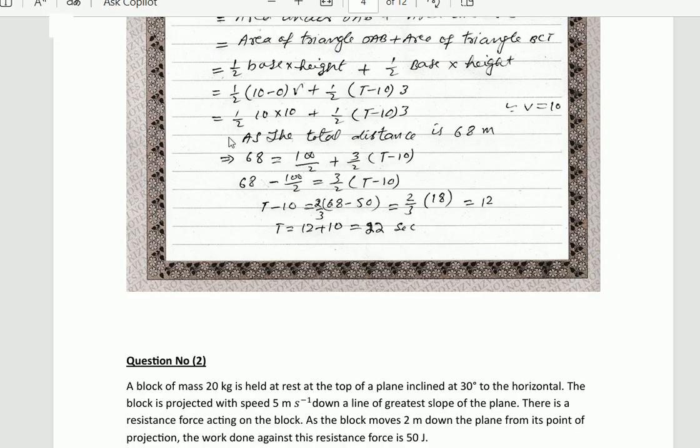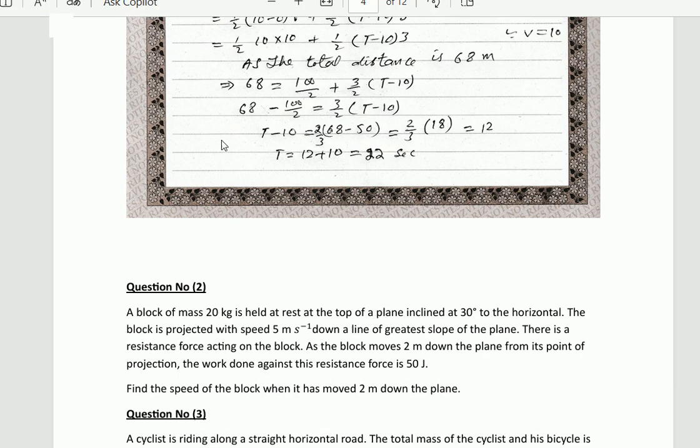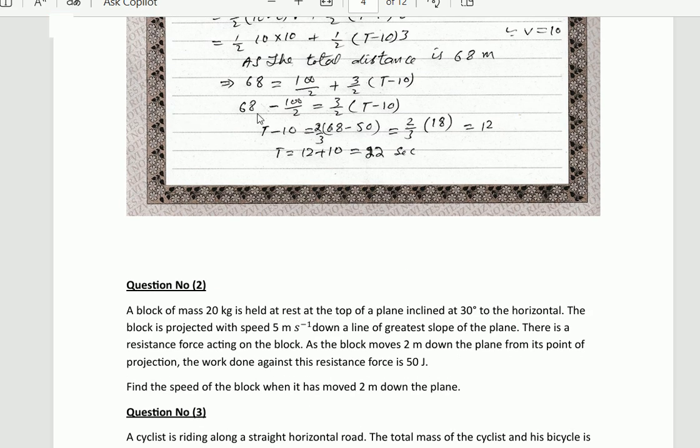By putting the value of v, because v as we calculated in part A of this question is equal to 10, and after simplification, we get t equal to 22 seconds. The value of t is equal to 22 seconds, which is required.